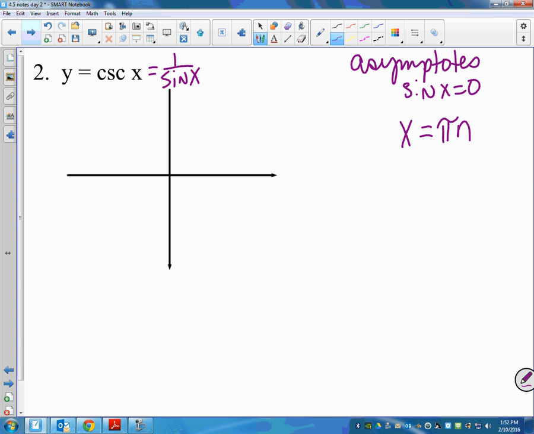So just like the last one, let's make a graph that goes from 2 pi to negative 2 pi. And let's use what we know about sine to know it's going to be these parabola shapes that slope over from where sine is 0.